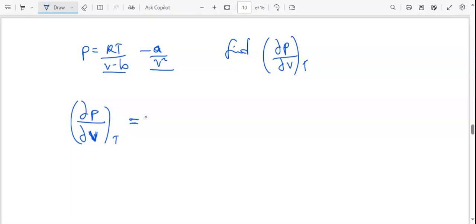So we have two things here, this side and this side. Since P is equal to everything here, I'll say partial change in that function P, which I will represent with whatever I have there.